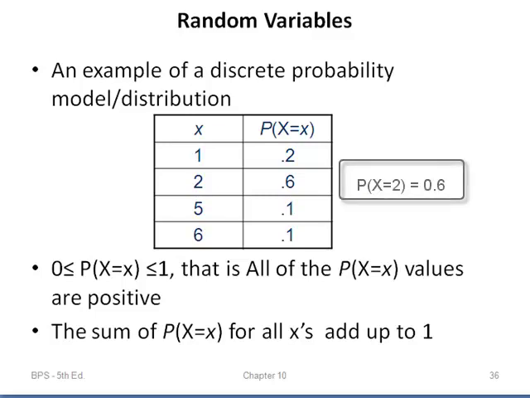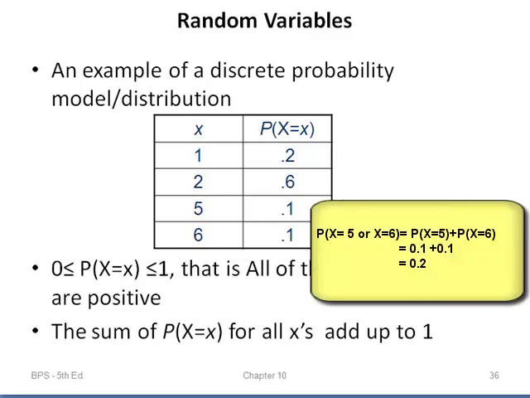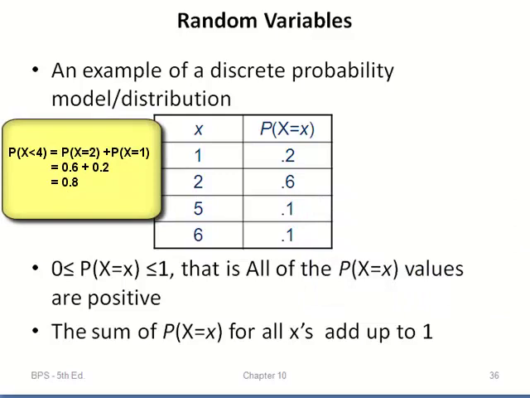I could say, what's the probability that X equals 2? And you would say, oh, it's 0.6. What's the probability that X is 5 or 6? Because these are disjoint, I just add those probabilities, so the probability of 5 or 6 equals 0.2. I could also ask, what's the probability that X is less than 4? Well, because we don't have probability at 4 and 3, the probability of those is 0, it only matters for 2 and 1.